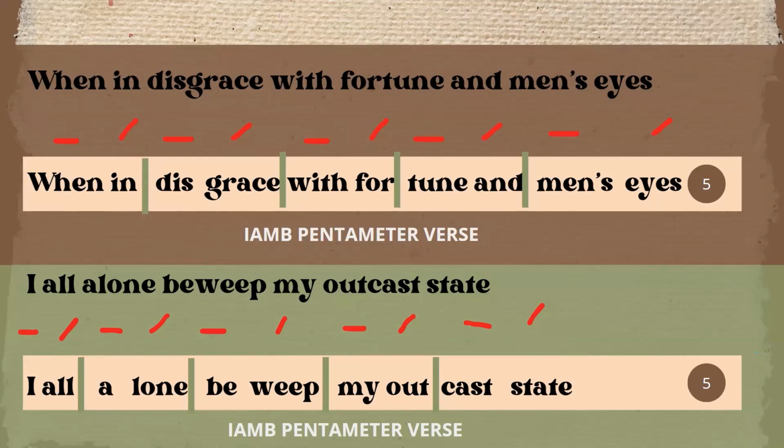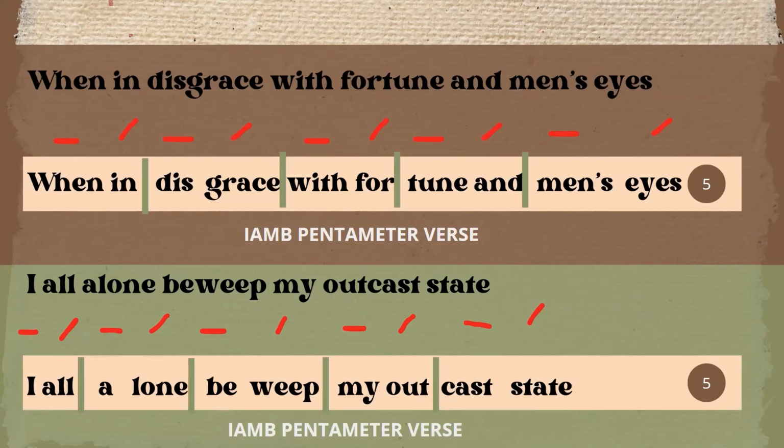When in is 1 foot, disgrace is another foot, with for is another foot, tune and is another foot, and men's eyes is another foot. If we count, we see that we have 5 feet. That means that it is a pentameter verse. And my classmate explained before why it is an iambic pentameter verse, which is what we analyze in this sonnet.